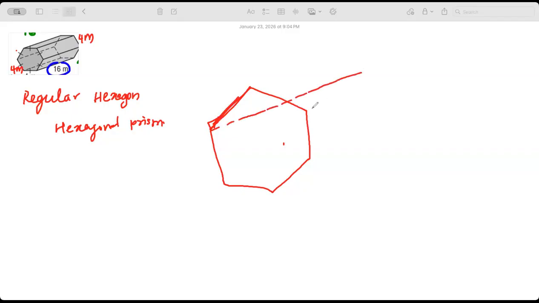Okay, now it's going to extend like this, extend like this, extend like this.